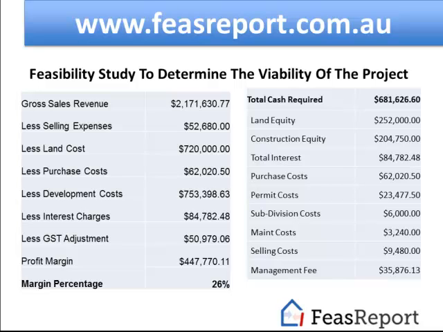And the last one is a management fee. This is when you engage a third party to manage the project. Again, you might be required to pay that out of your own pocket, or you can incorporate it into the total development cost and get it from the bank.